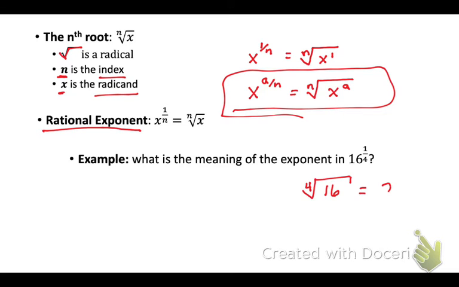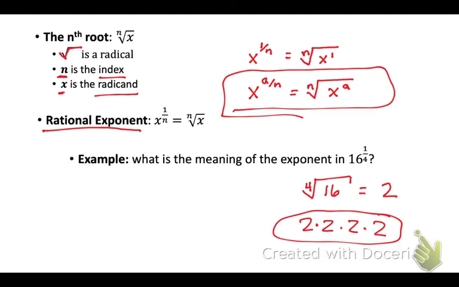Because 2 times 2 times 2 times 2 is 16, and I'm looking for groups of 4. How do I know I'm looking for groups of 4? Because it's the index, right? Correct. If the top of the rational exponent is 1, you don't have to put anything, because the power is 1.